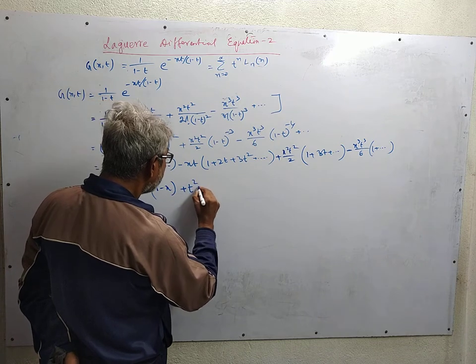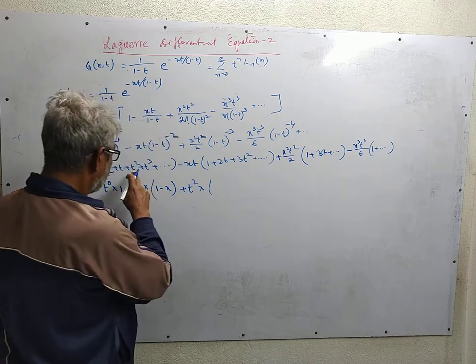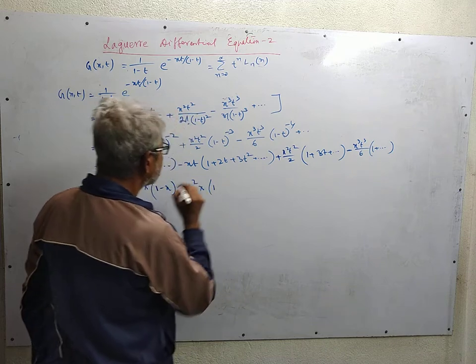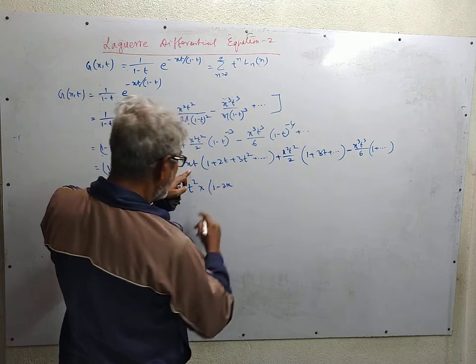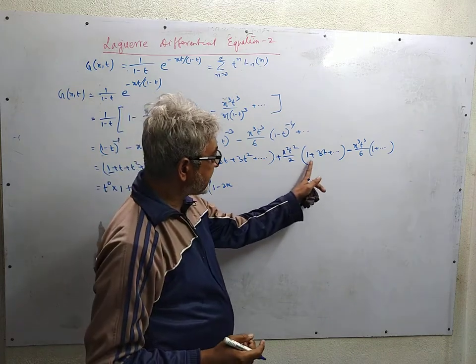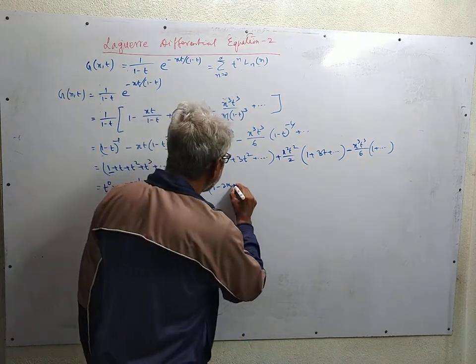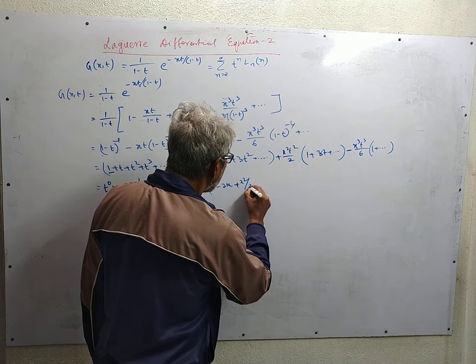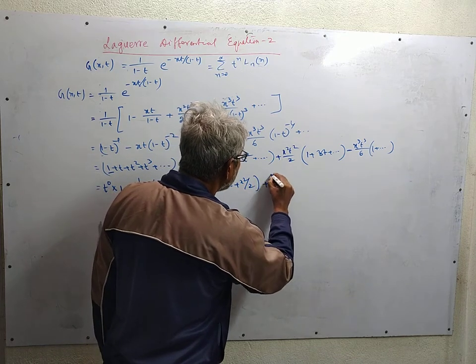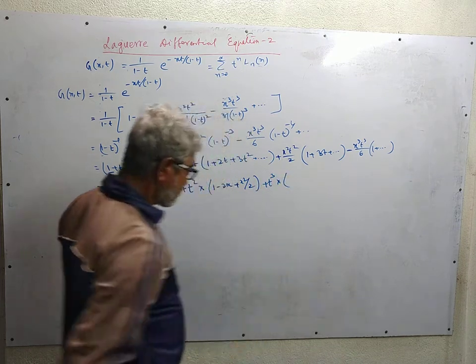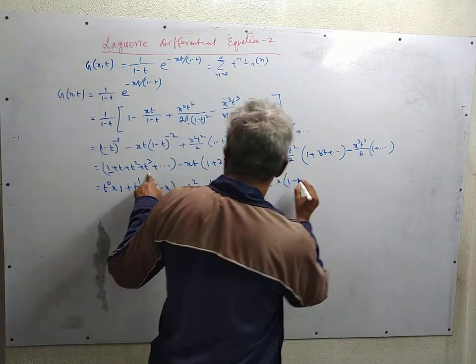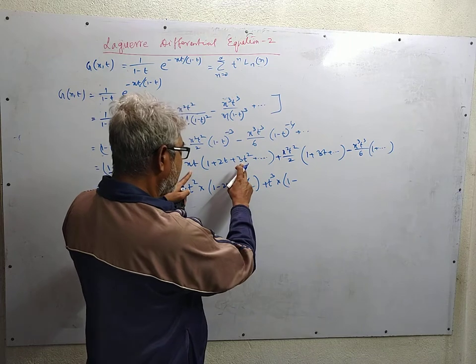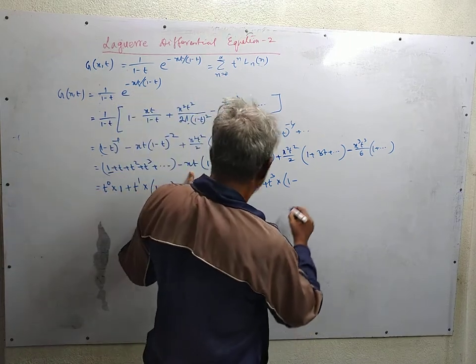Coming to the t square term, here the t square contribution is 1, and this is minus 2x, and here is a contribution x square by 2. Coming to the t cube term, this contributes 1, minus 3x.